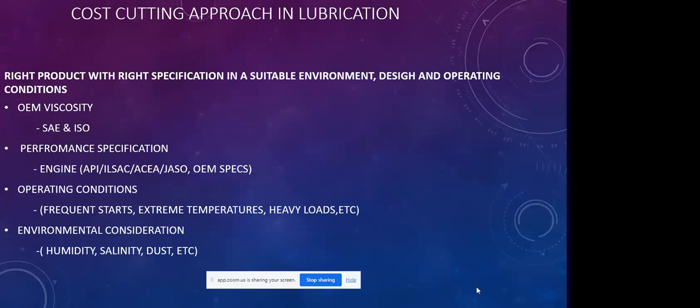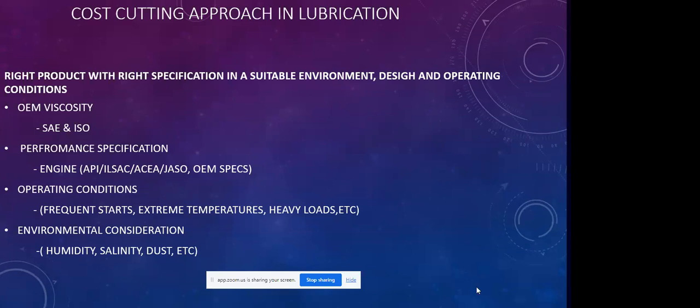Now, the next thing you have to look out for is the performance rating, as far as the American Petroleum Institute is concerned. So if the performance rating is an SP, which is a 2015 engine technology specification, then you have no business going as low as SB. SB is 1930 technology. And those of us who are in engines and machine design, you have a fair idea of the kind of technology that birthed a 1930 engine.